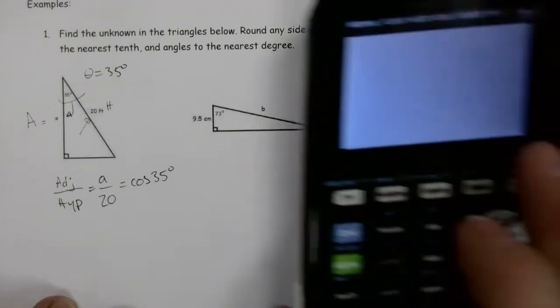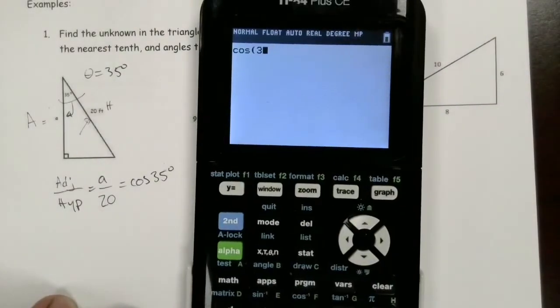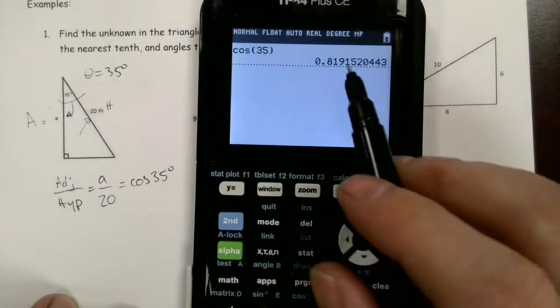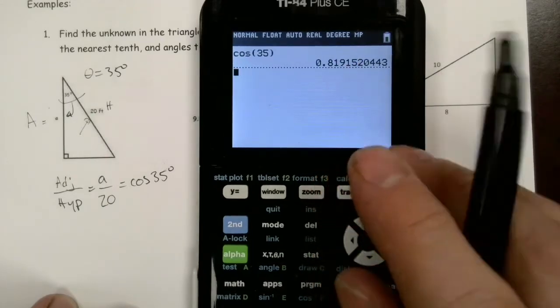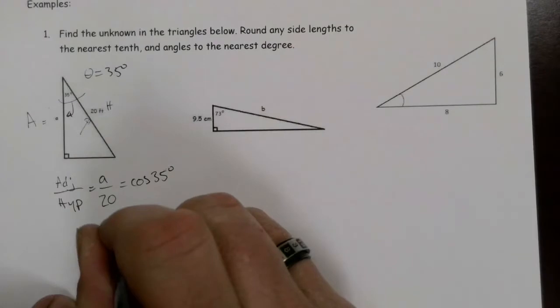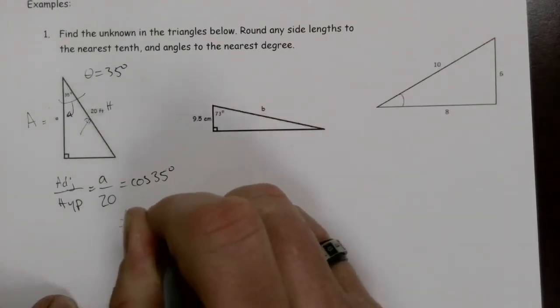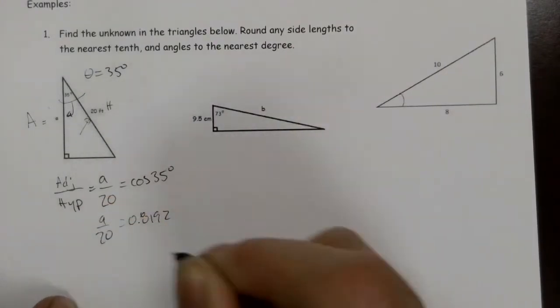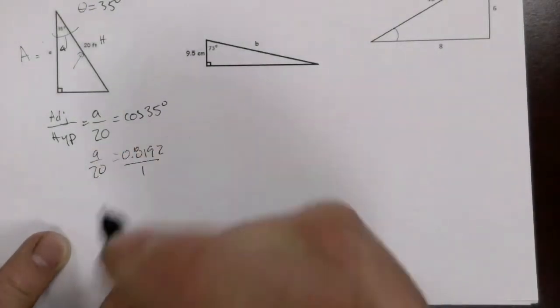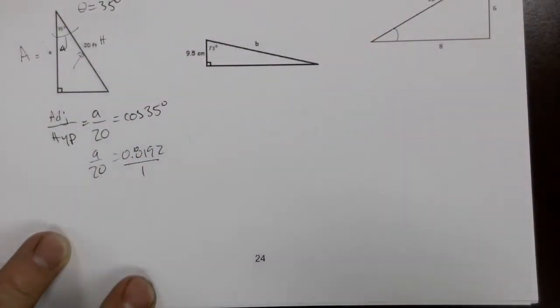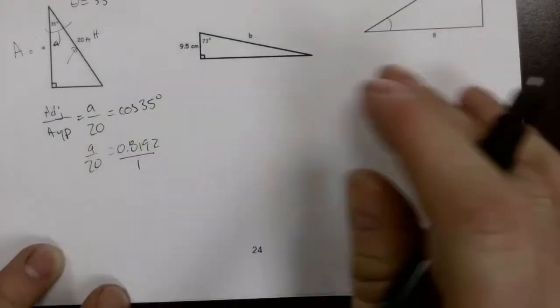So now I pull out the calculator, cosine of 35, and just like I did previously, I'm going to go to 4 decimal places, so 0.8192. So this will be 0.8192, and that's a over 20. And I can always think of this ratio as being a number written over 1. Now we'll cross multiply.